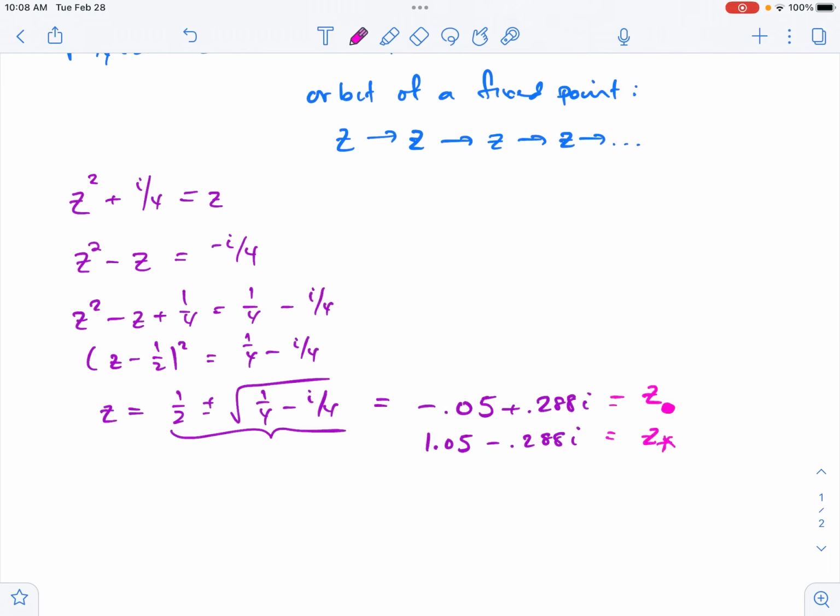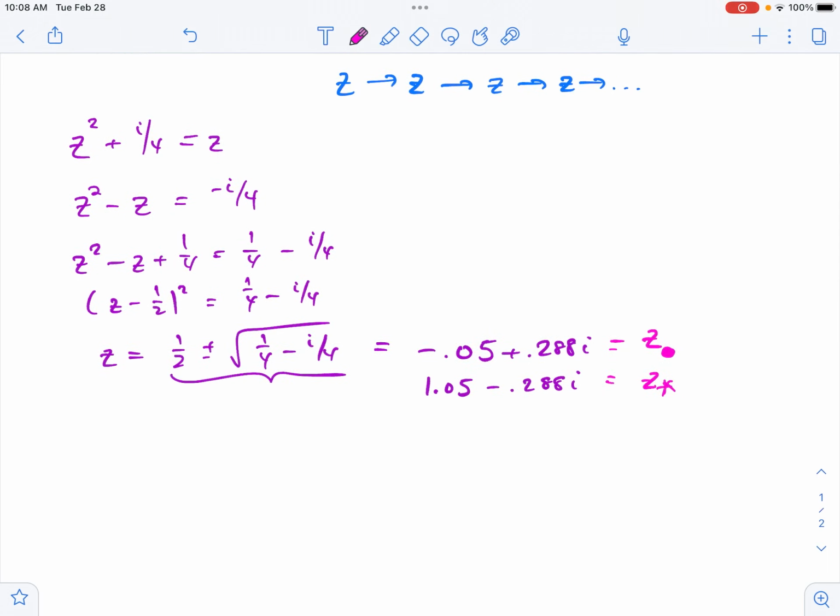And the idea of this exercise is that I can predict what's happening close to each of these points by looking at the linear approximation for the function near those points.